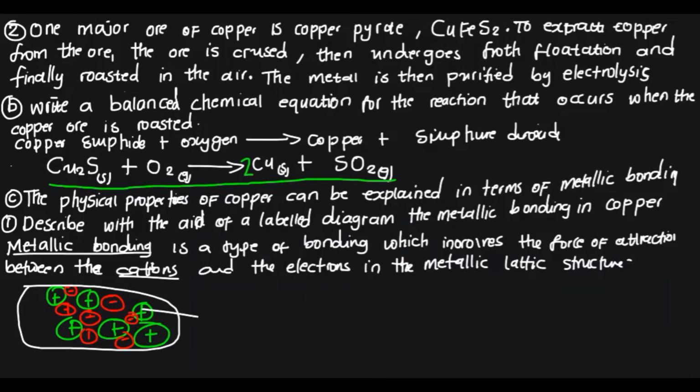These positive ions are known as cations in a metallic lattice structure.